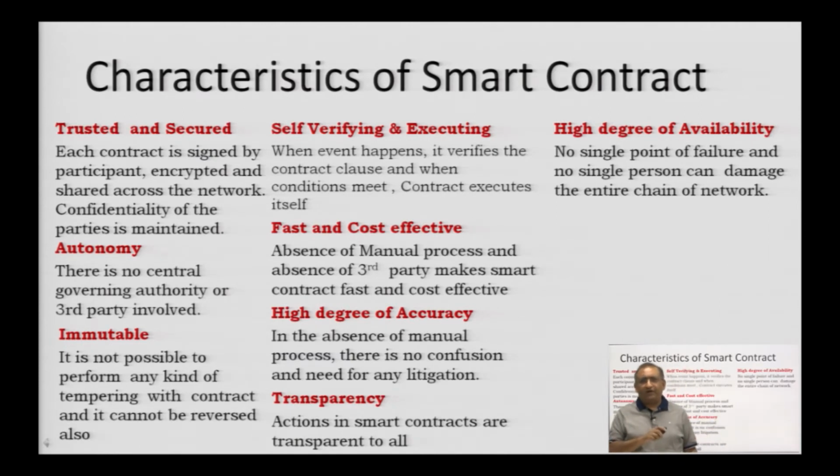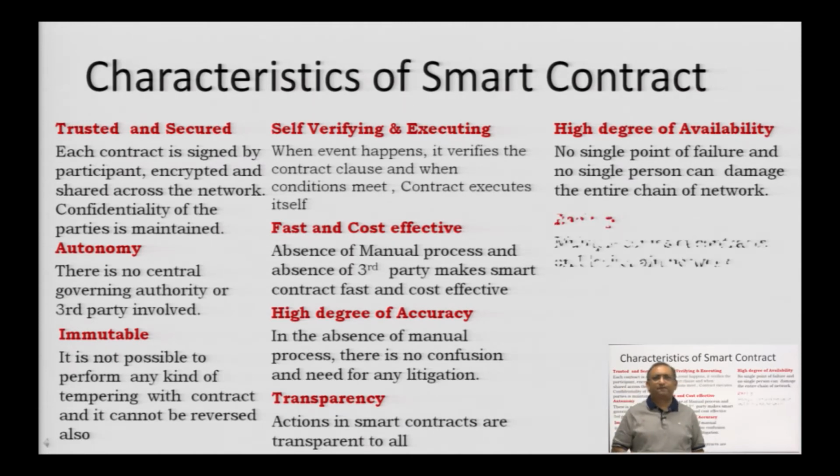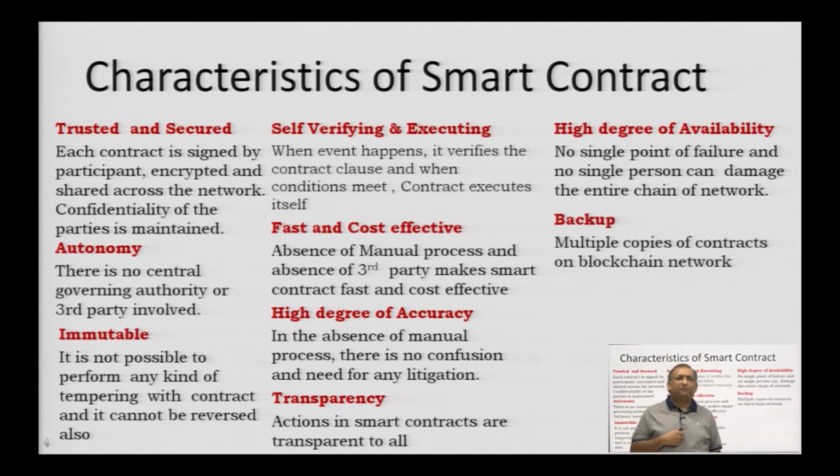So, there is very little chance of non-availability of the contract, and whenever they are executing, they keep on executing. Backup, multiple copies of the contract on a distributed blockchain.